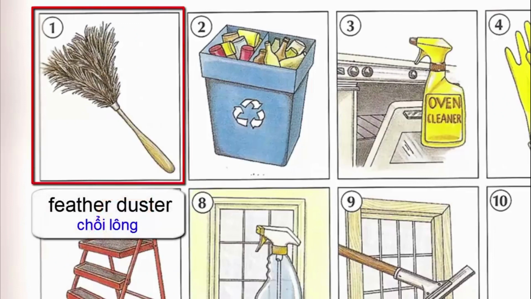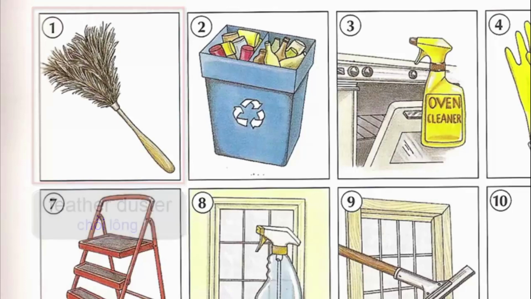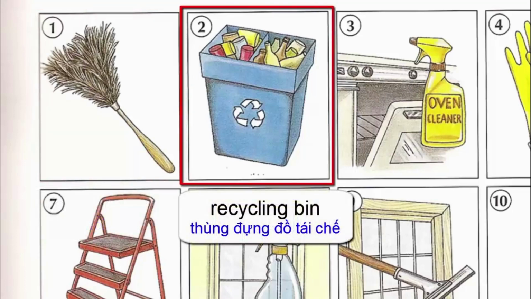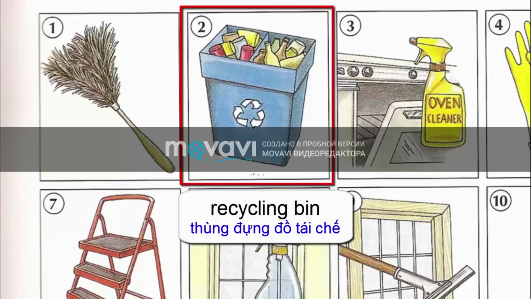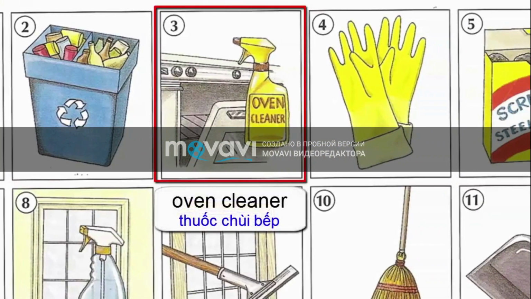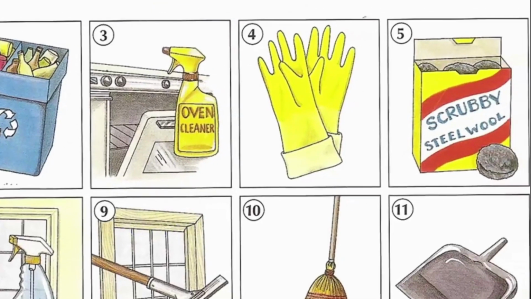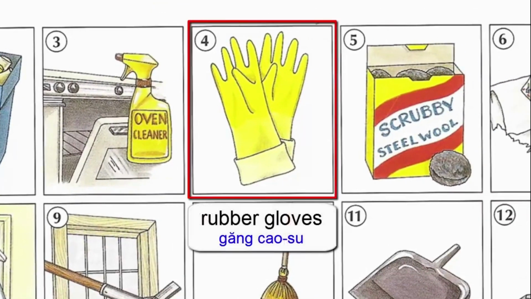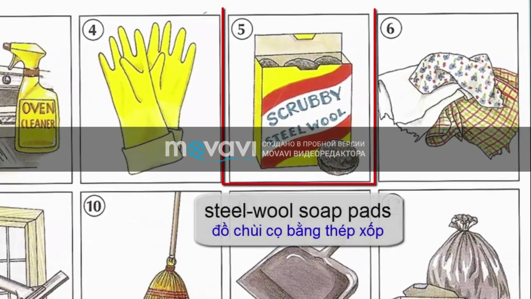Feather duster. Recycling bin. Oven cleaner. Rubber gloves. Steel wool soap pads.